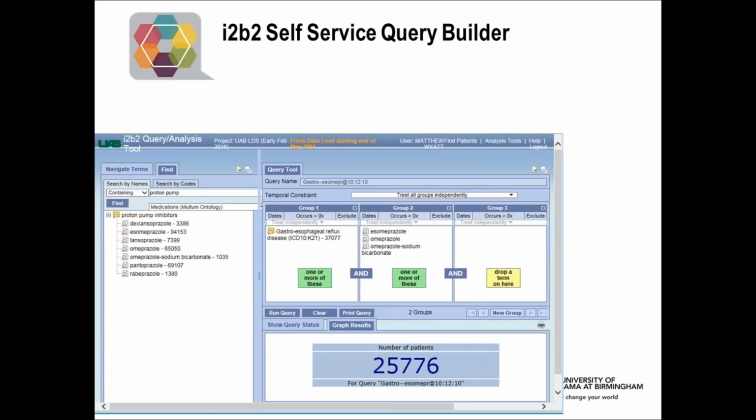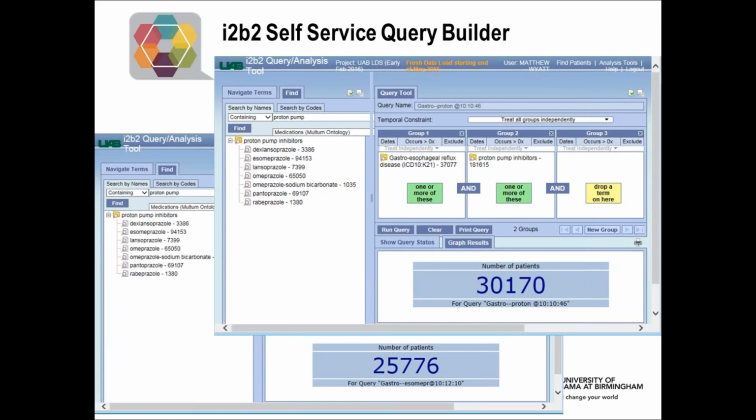You can find concepts that you are interested in, whether it's diagnoses, visits, patient attributes, labs, medications, etc., and build queries saying, as this says, anyone who has this particular ICD-10 code and has any one of these medications in their record, and you get an answer, in this case, of 25,000 plus patients, unique patients who meet those characteristics.